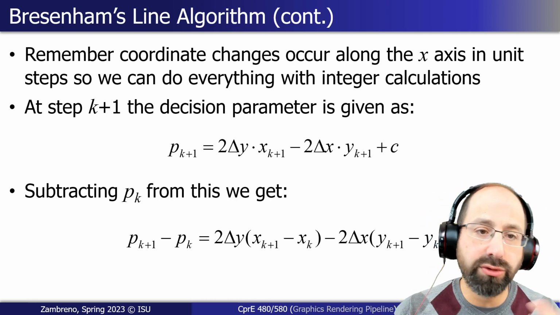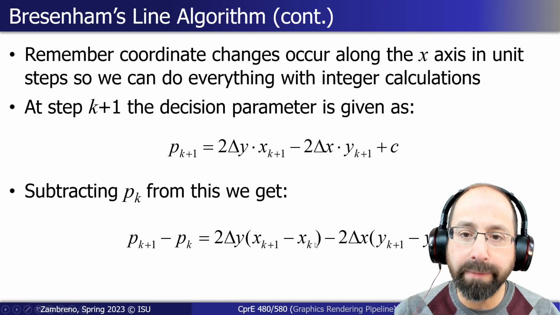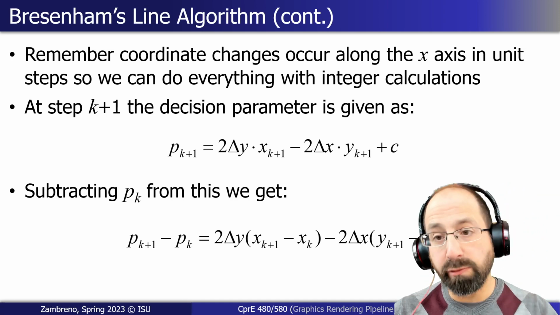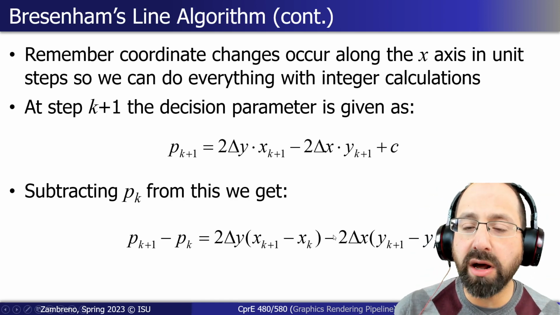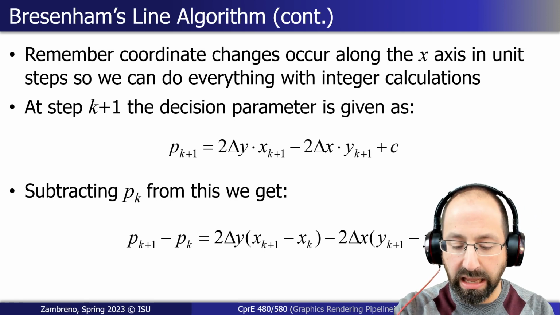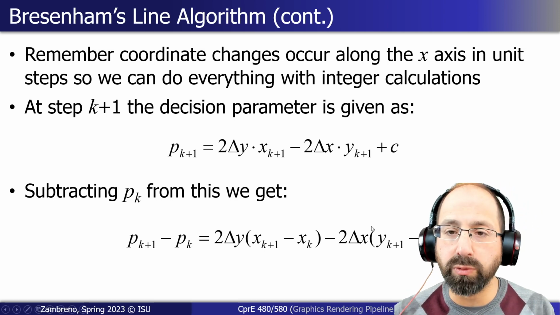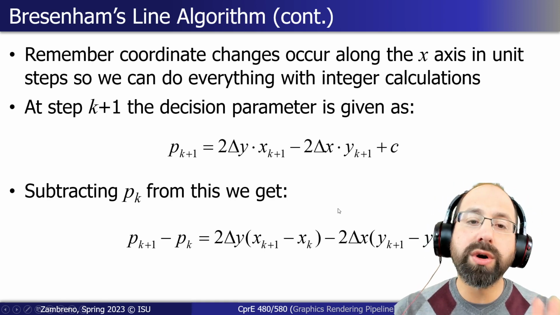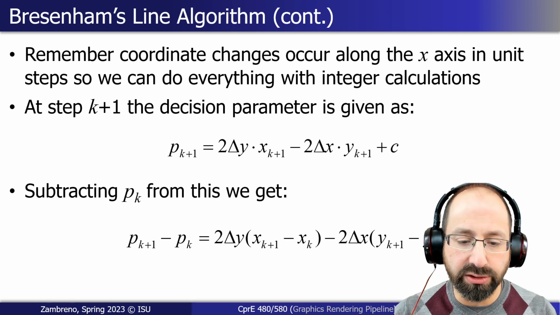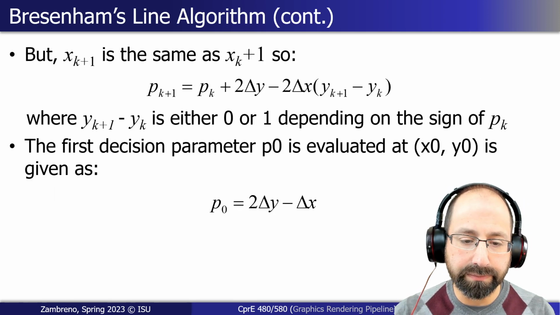So we would be adding 2 delta y each time along the way. If we wound up going from the lower up to the upper, if we wound up going upward 1, we would then be also subtracting 2 delta x. But if we kept ourselves horizontal along the line, we would not be going up as well. So each step along the way, we're determining, do we add 2 delta y or do we add 2 delta y minus 2 delta x?